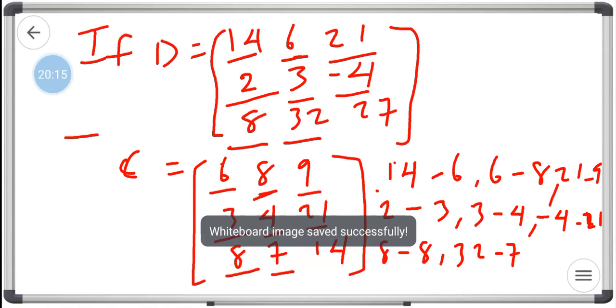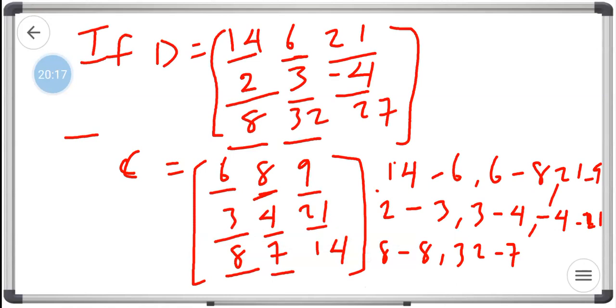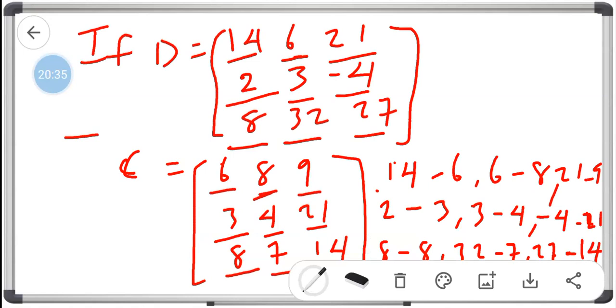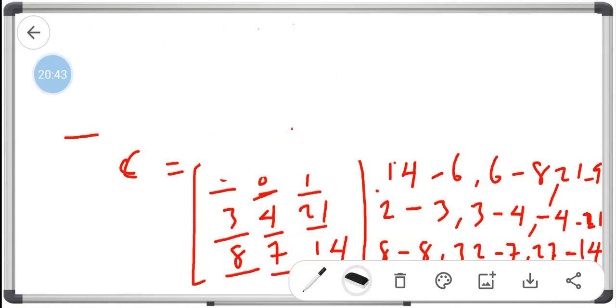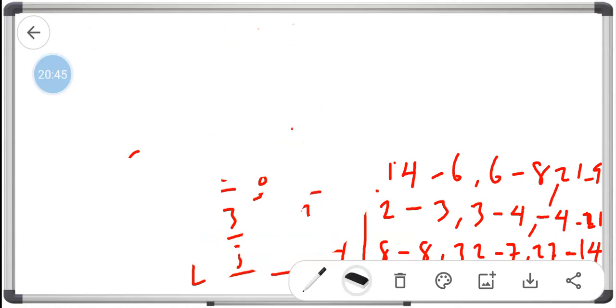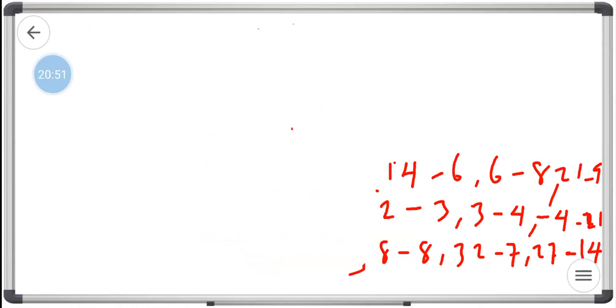We have the next one, A33 here, that is 27, minus A33 here, that is 14. So we've been able to manage here. Let me rub this side so that we can solve the rest. Okay, let's solve the rest.